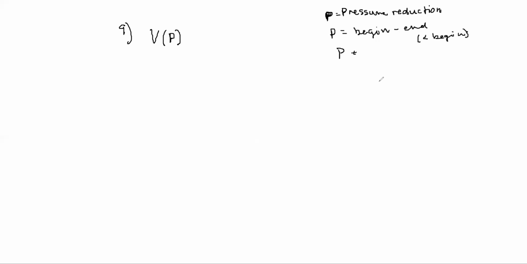What are the units of compliance? We know that compliance, as defined here, is equal to V prime of P. And we know that volume is in liters, and our P, pressure reduction, is in centimeters of water.